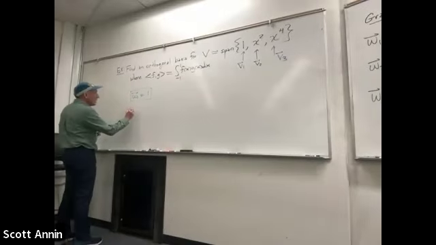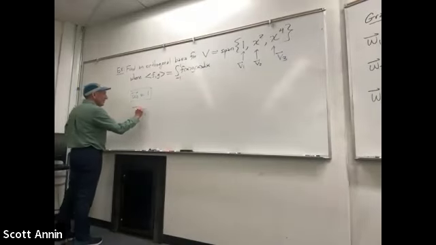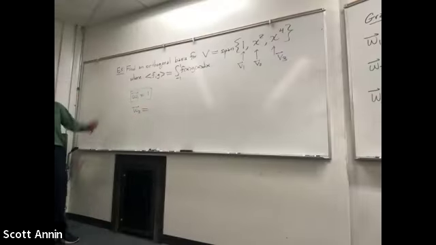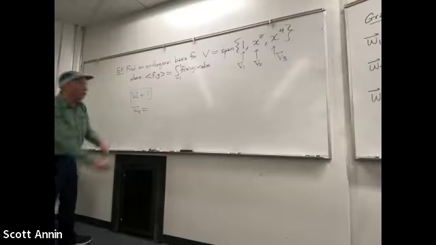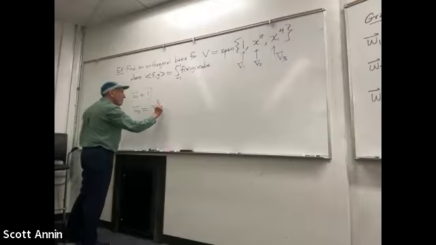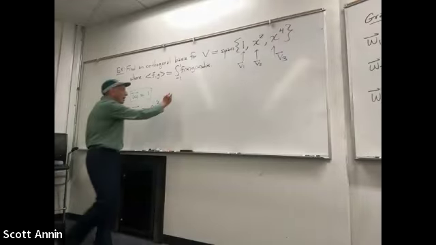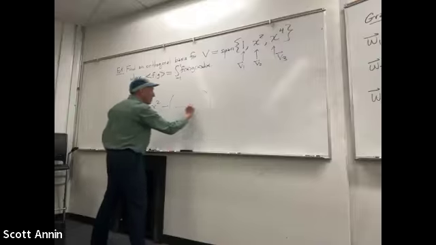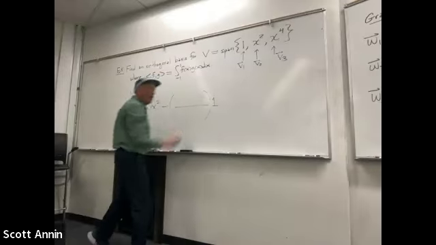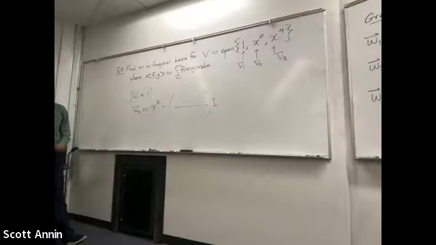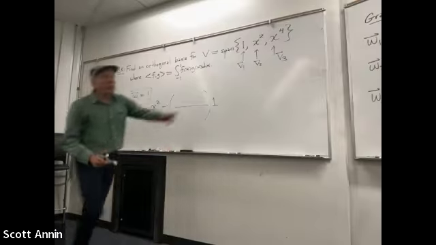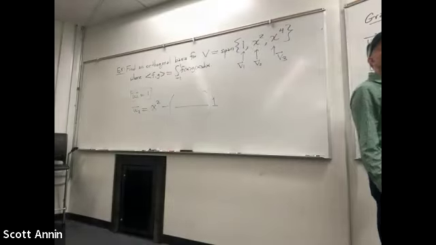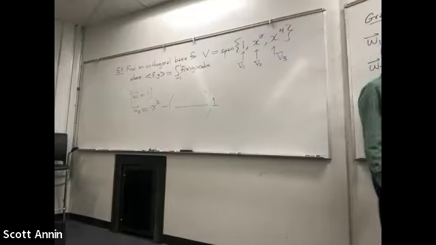Okay, what about W2? W2 is equal to V2, that was x squared, minus some fraction, which I'm going to fill in a minute, times W1. So we'll fill in this fraction. The numerator of the fraction is the inner product of V2 with W1.